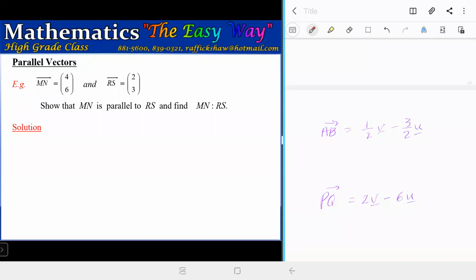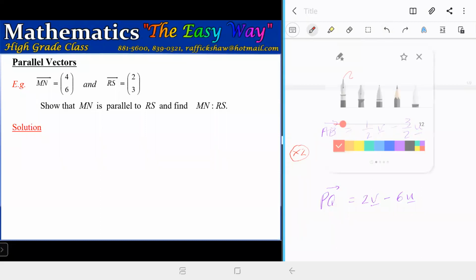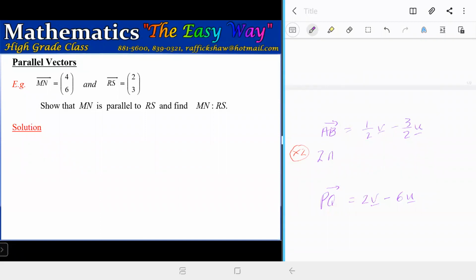So if I multiply this one by 2, then this fraction will be gone and this fraction will be gone. But remember, you have to multiply this by 2 as well. So the vector becomes 2 times the vector AB equals V minus 3U. So I'm now comparing these two.